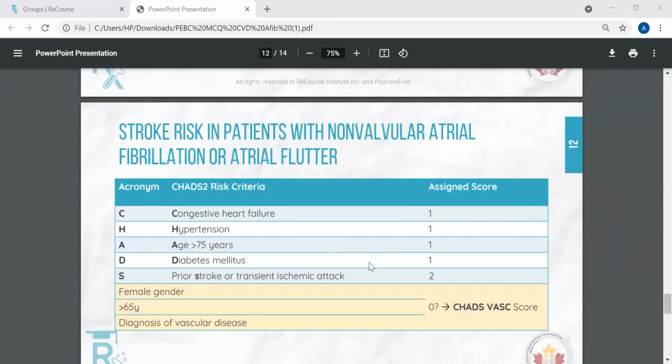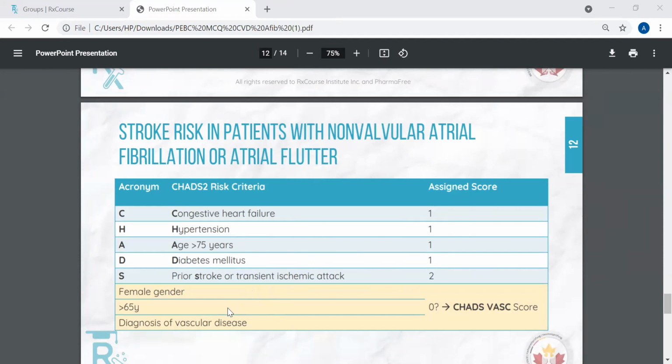Okay. So I have many scores. One of them is called CHADS. Before CHADS, there is another score called HAS-BLED. The HAS-BLED score assesses the patient's bleeding risk and the safety of anticoagulant use in atrial fibrillation.